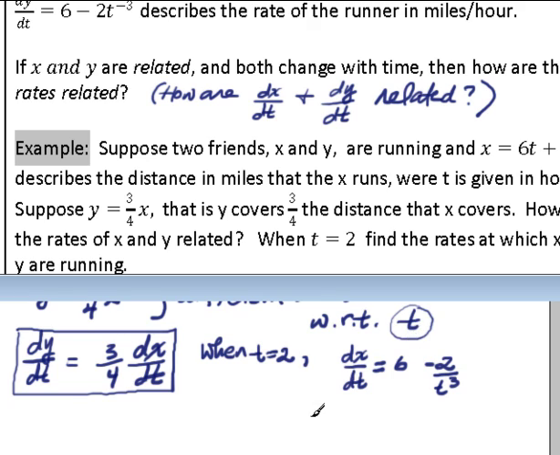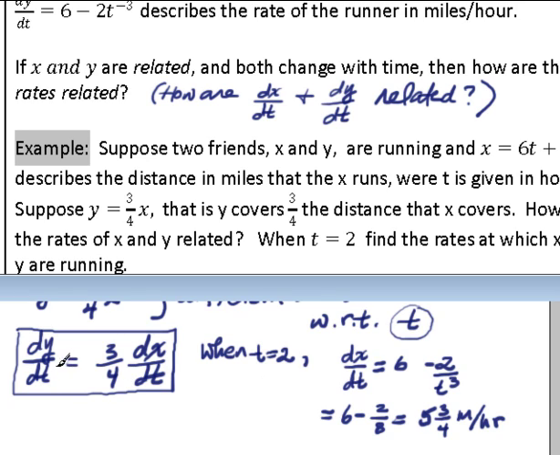Okay, so just substitute in t equal 2. So this is equal to 6 minus 2 over 8. This we also did in the first example. 6 minus 1/4, so that's 5 3/4 miles per hour. Okay, so that's how fast x is running when t equals 2.